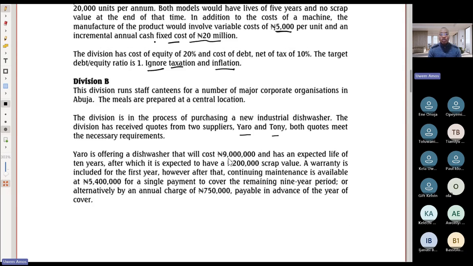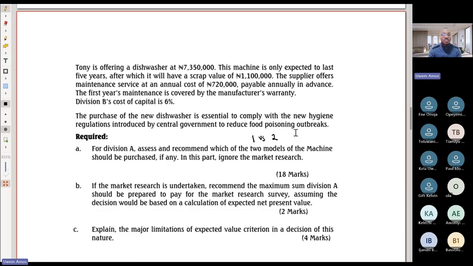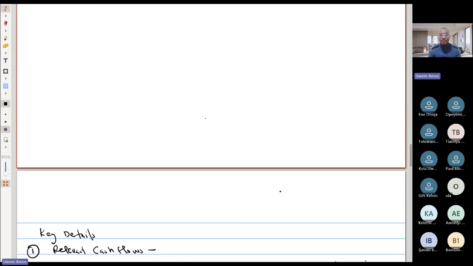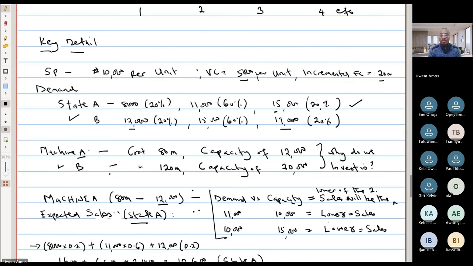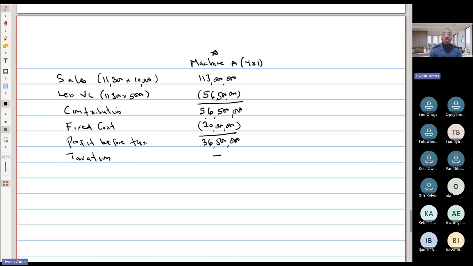So we're going to assume that there is no tax. If there was tax, we'd subtract tax. So that gives us 36,500 as our profit.